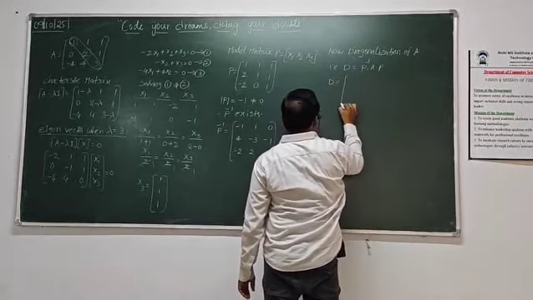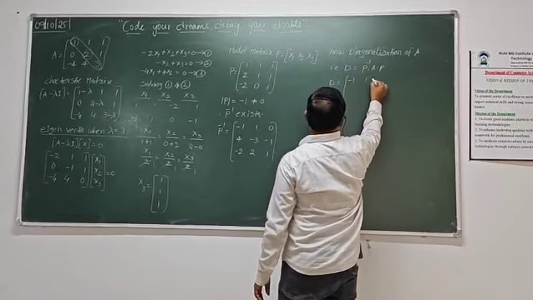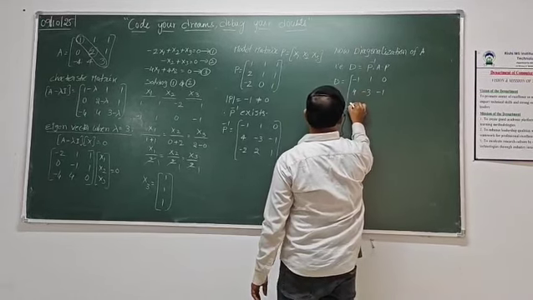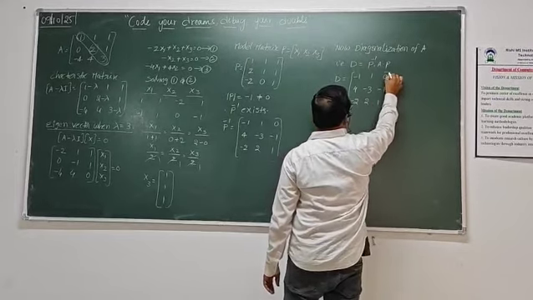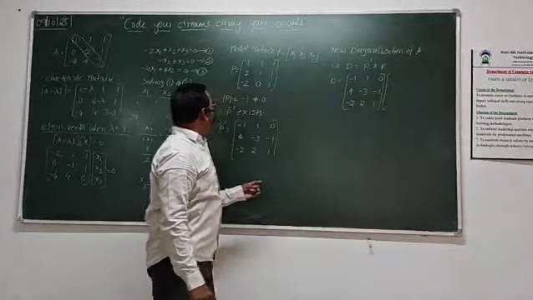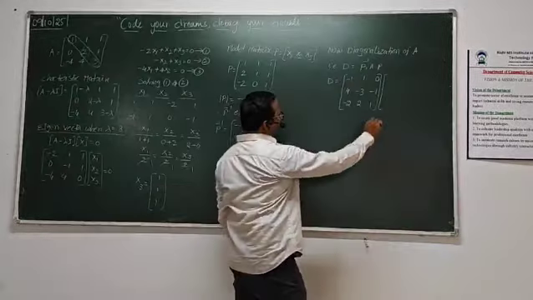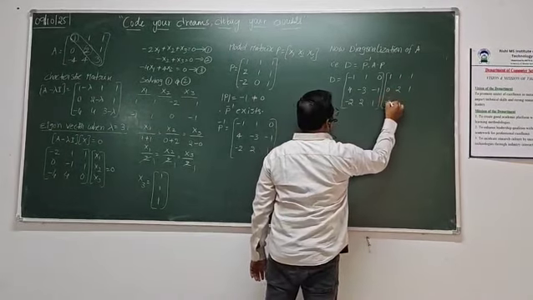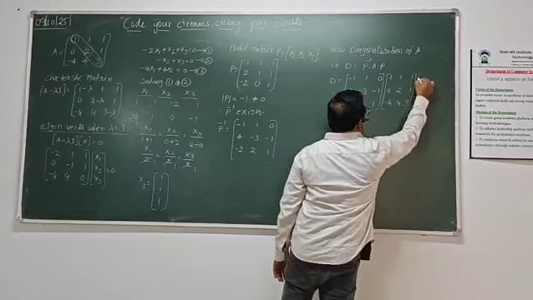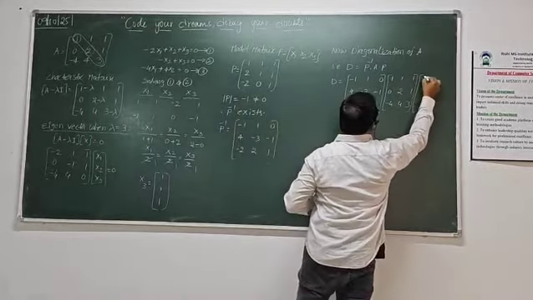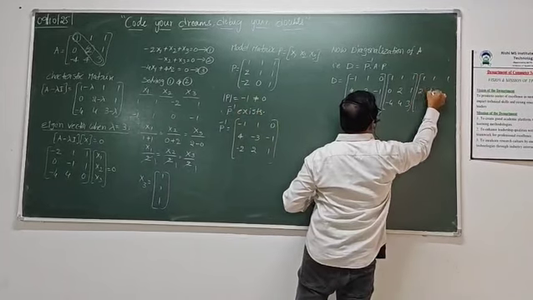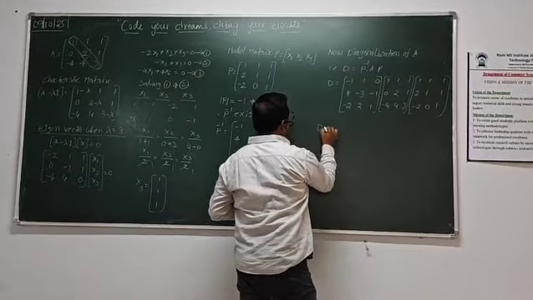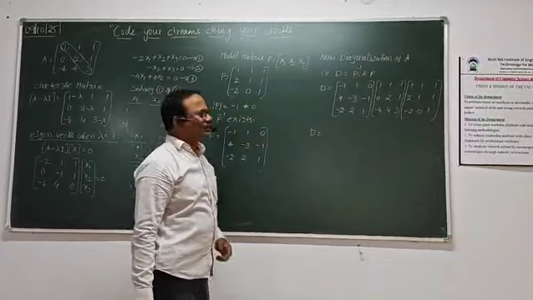So D equal to P inverse matrix minus 1, 1, 0, 4, minus 3, minus 1, minus 2, 2, 1, into the A matrix 1, 1, 1, 0, 2, 1, minus 4, 4, 3, and the P matrix 1, 1, 1, 2, 1, 1, minus 2, 0, 1. By multiplying these three matrices, we get the diagonalization matrix.